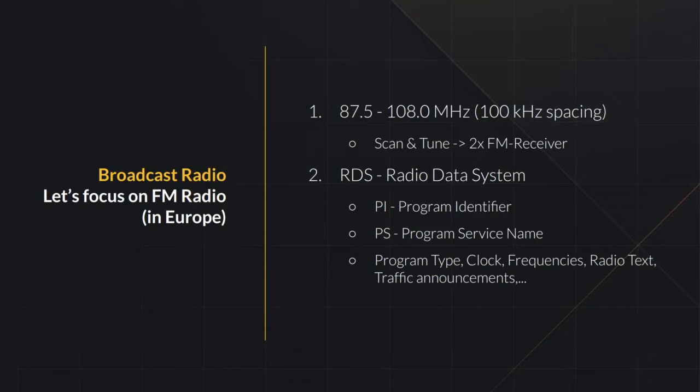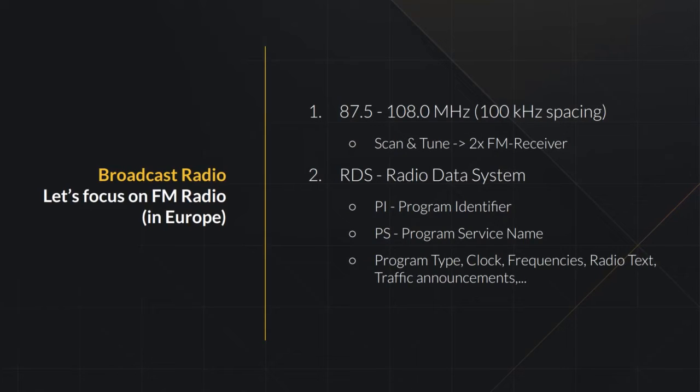Well, if you're building a radio and you want to scan for available stations and you want to tune to one station to play it at the same time, you actually need 2 FM receivers, right? One is playing the audio and the other one is scanning the available frequencies, waiting until it gets a signal that is good enough, maybe waits for the station name to be transmitted, and then just scans to the next.